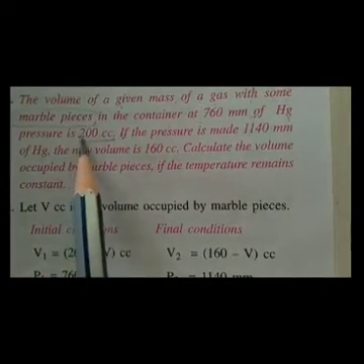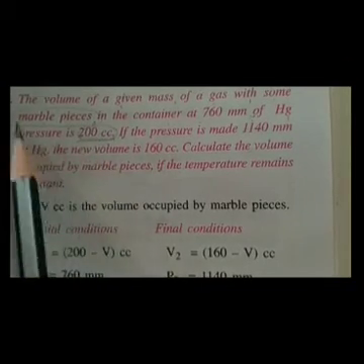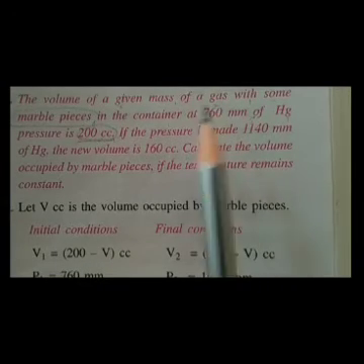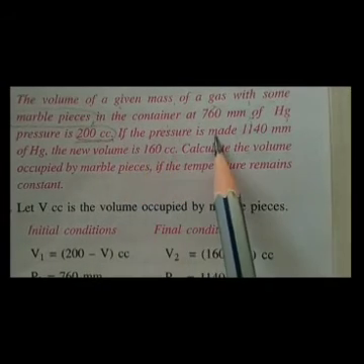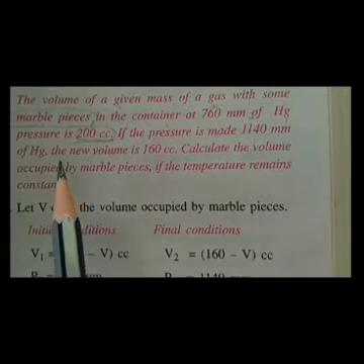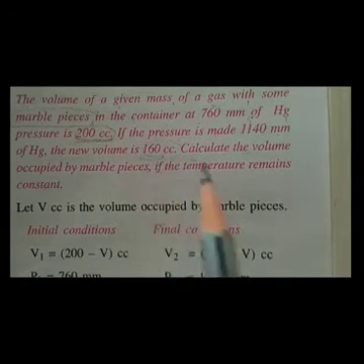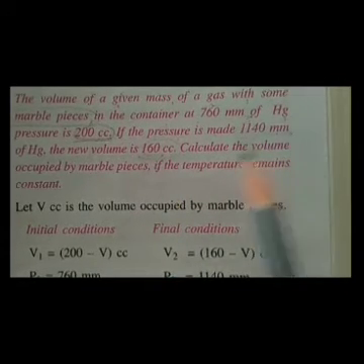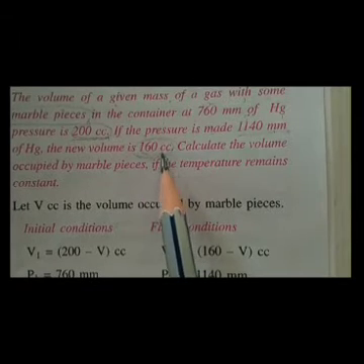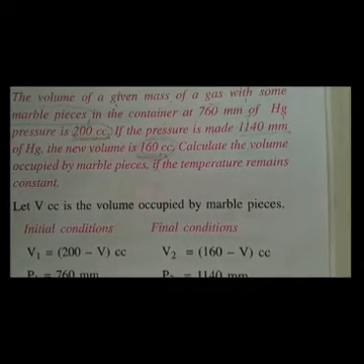So this volume, 200 cubic centimeter, is the volume of marble pieces plus the volume of gas. Then if the pressure is made 1140 millimeter of mercury, the new volume is 160 cubic centimeter. This volume also includes the volume of marble pieces along with the gas.